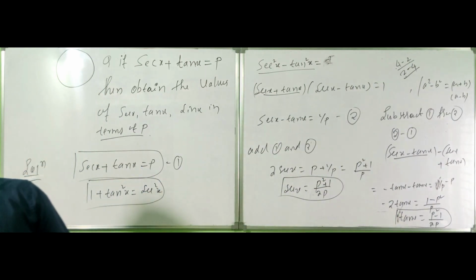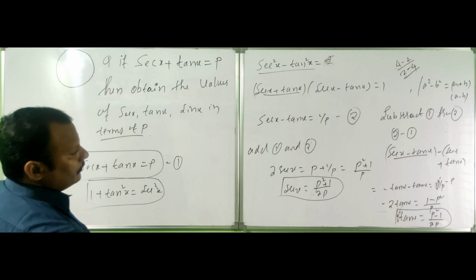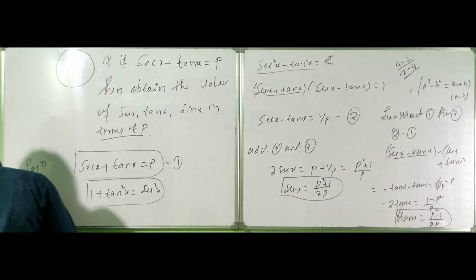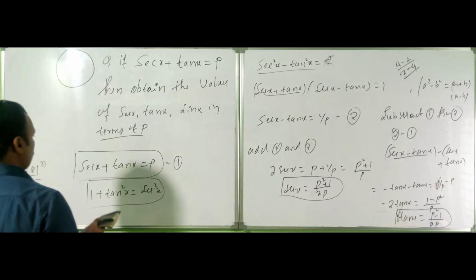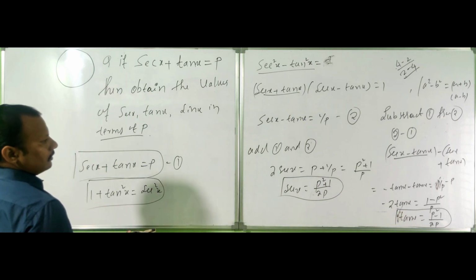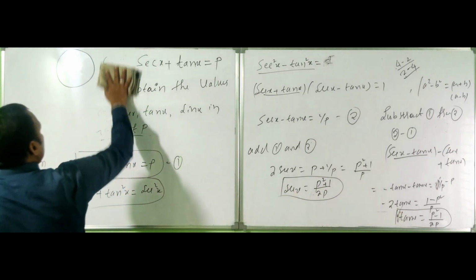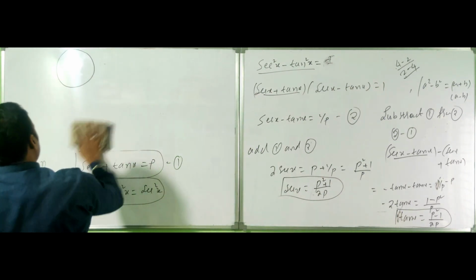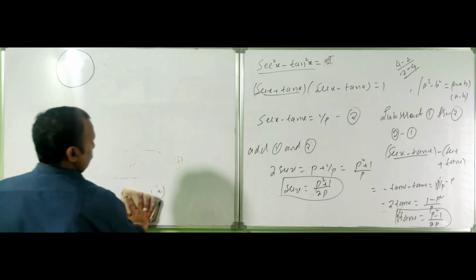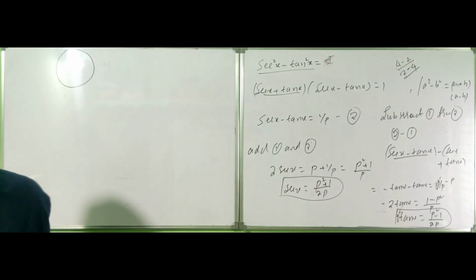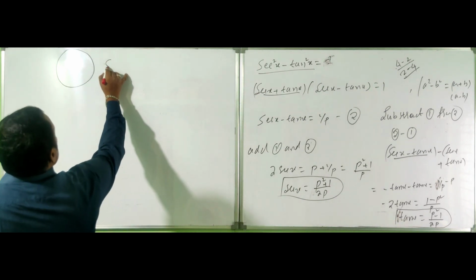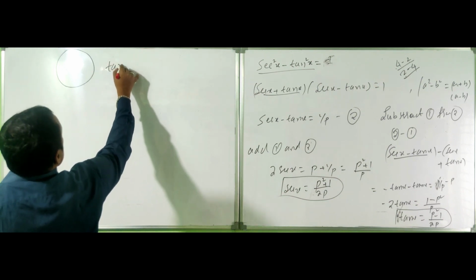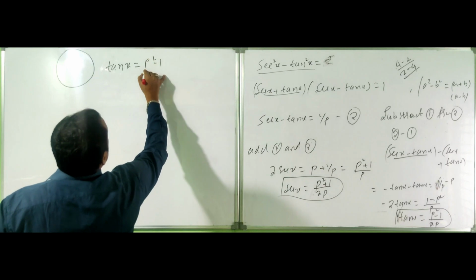Then what should we do? Find the value of sin x. Tan x is equal to p square minus 1 divided by 2p.